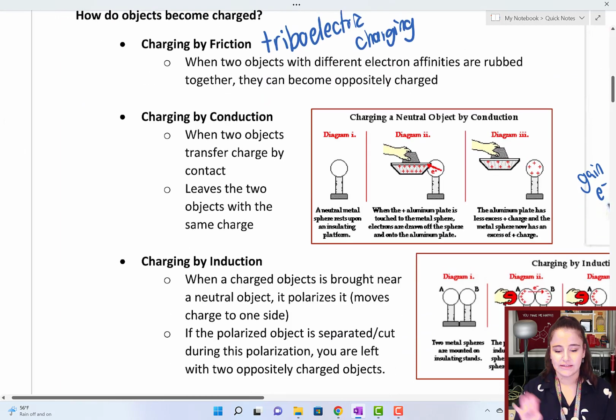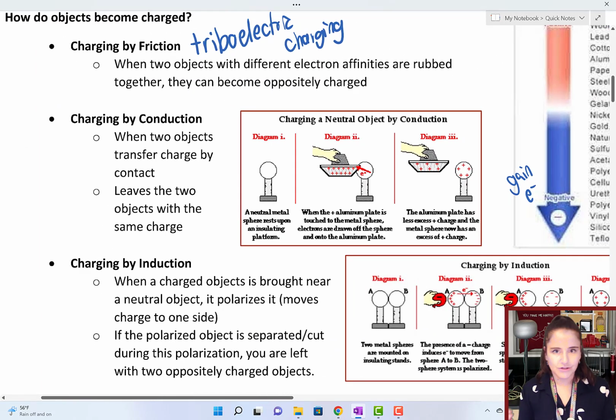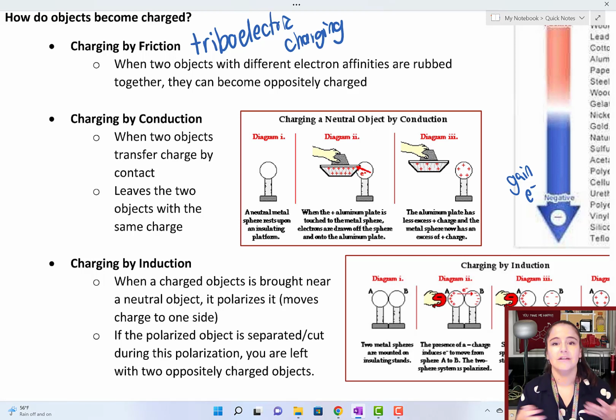Another way that we charge things is by conduction. So when two objects that are conductors touch, they transfer that charge. Charge likes to spread out. Picture if you have a bunch of negative charge on a sphere, it's going to want to be as far away from each other as possible because it's all going to repel. So if, say, we have this positive plate with all that positive charge close to it, and we touch it to a neutral sphere, those positive charges are going to attract electrons in the sphere, and electrons are going to add onto there, which will remove some of the positive charge from the plate.